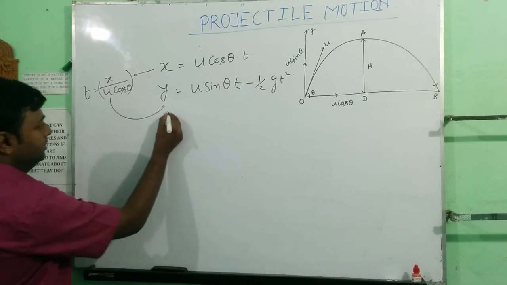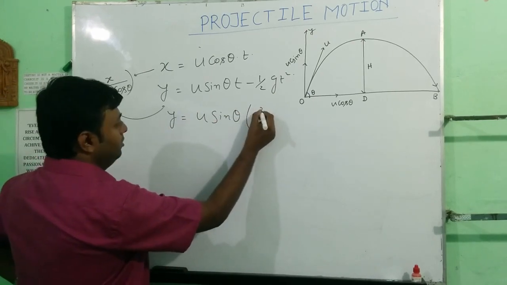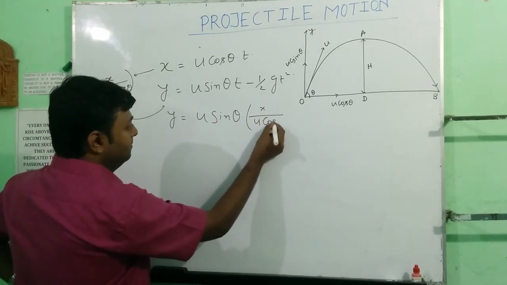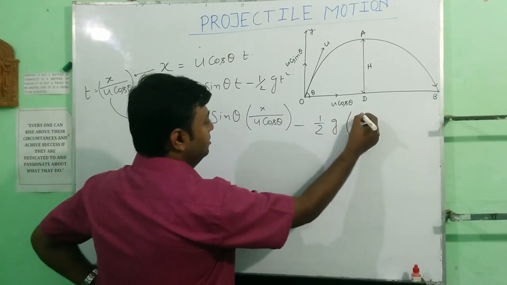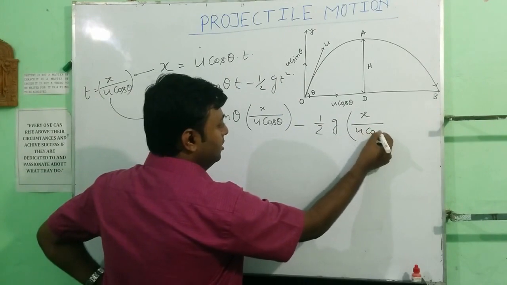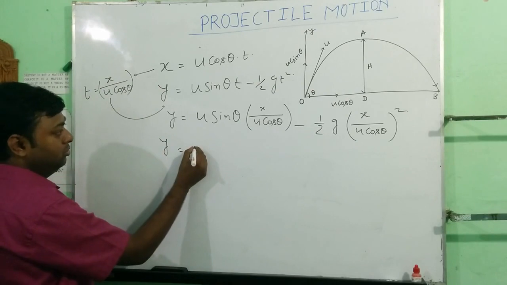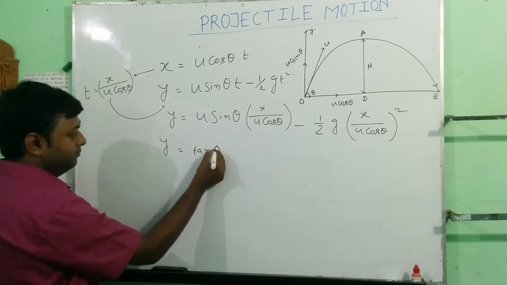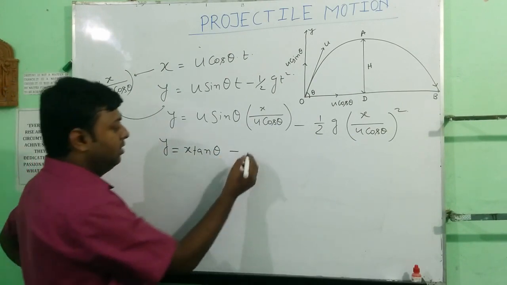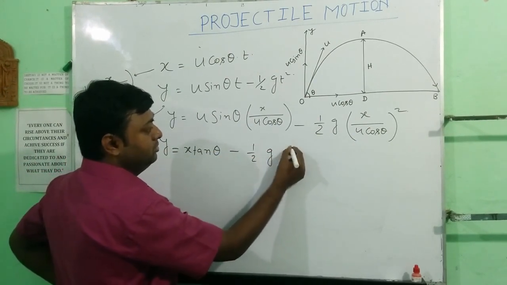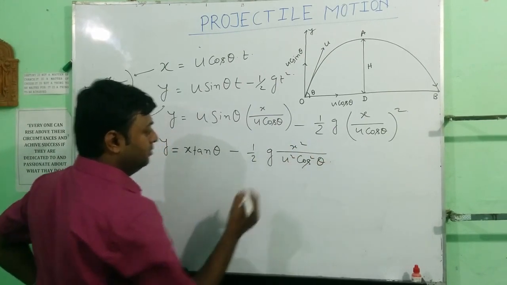Now put in this equation, that is y equals to u sin theta into x by u cos theta minus half g (x by u cos theta) whole square. That is y equals to x tan theta minus half g x square by u square cos square theta.